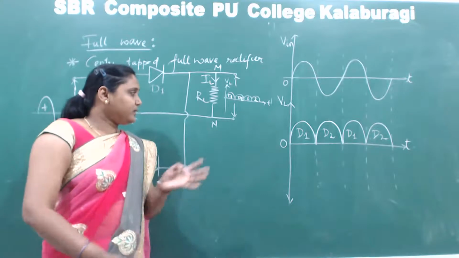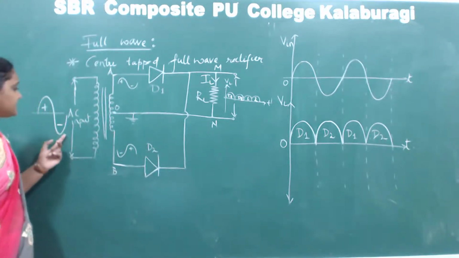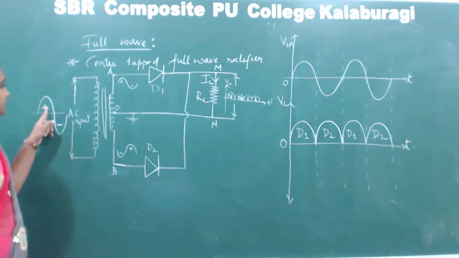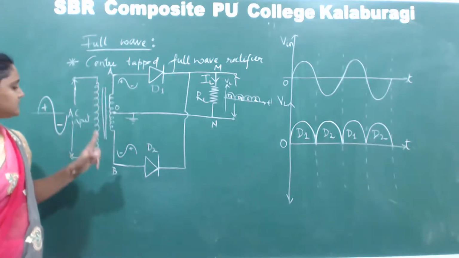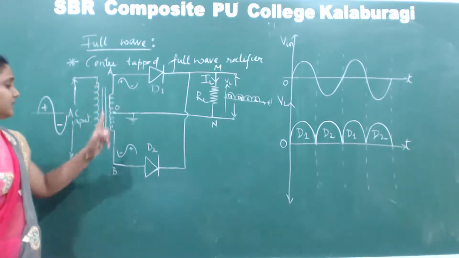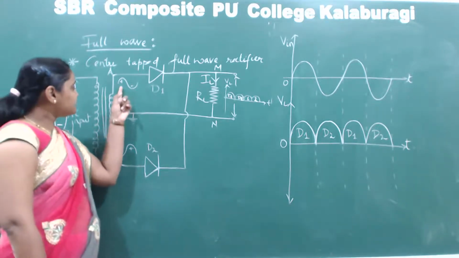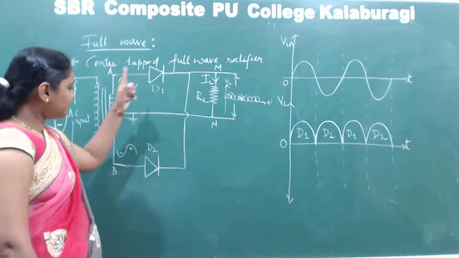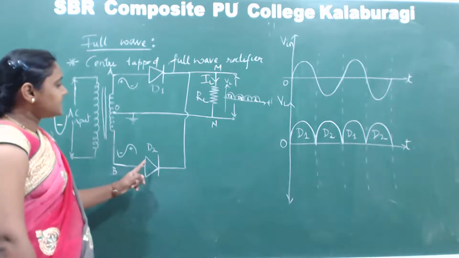So how it works, I will just revise this. AC input is applied. For the positive half cycle of the AC input, terminal A is positive and terminal B is having the negative half cycle. This positive half cycle at terminal A forward biases D1, whereas the negative half cycle at terminal B reverse biases D2.